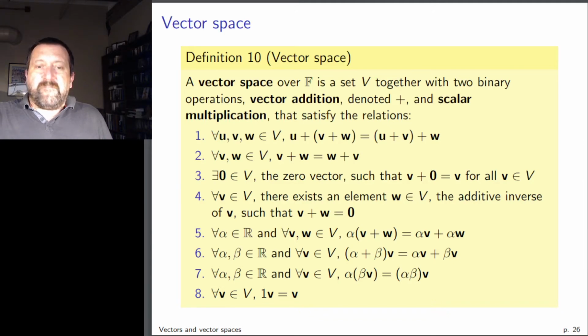And the last one is that there exists also a neutral element for multiplication, and that is 1. So for all vectors V in the vector space, when I multiply the vector by the number 1, I still have the vector.